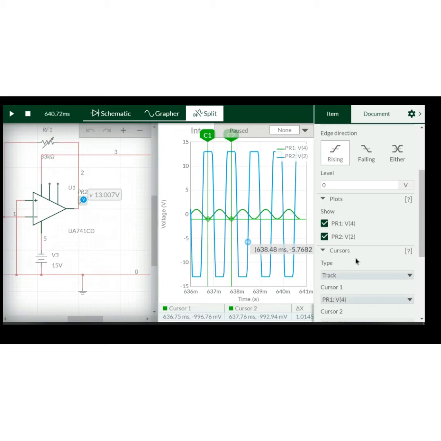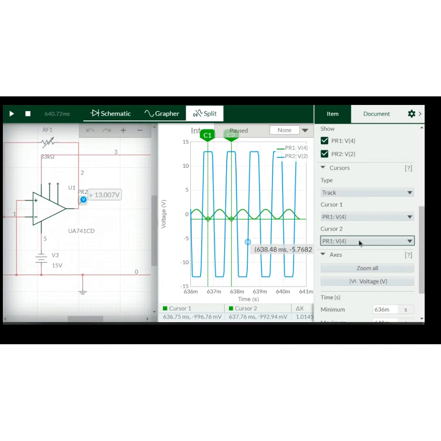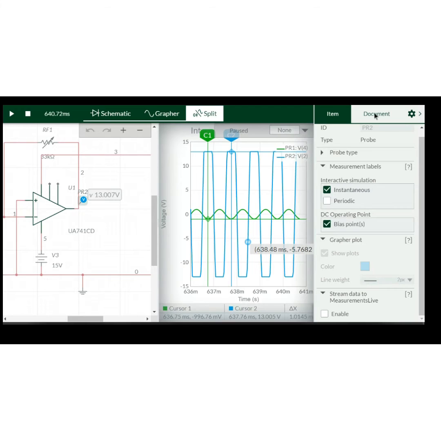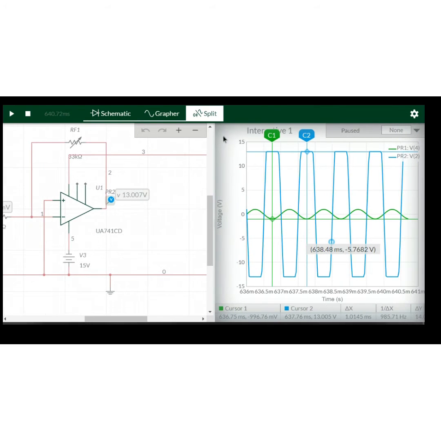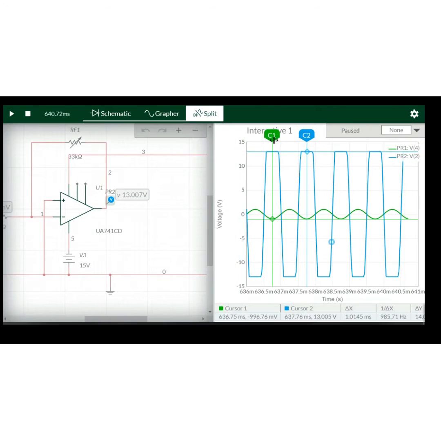So now we get one blue line and one green line. So for the cursor one, the value is negative 996.76 millivolt, and for the cursor 2 is 13 volt.